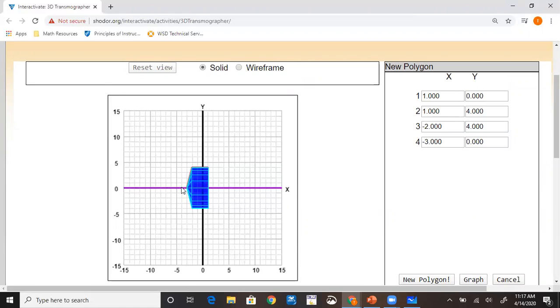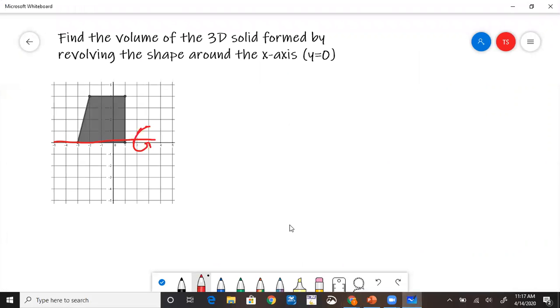So that left side is going to be a cone, and the right side is going to be a cylinder. So we have two different pieces to this that we need to find the volume of. If I come back over here, if I were to extend this, I've got a side that would come down there, a side that would extend right here, and then that slanted piece coming up to the peak.